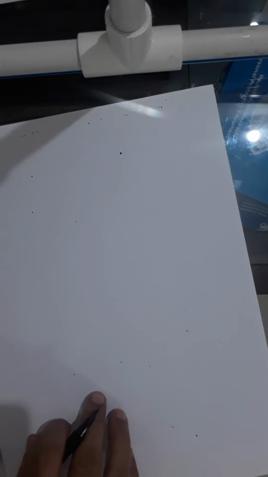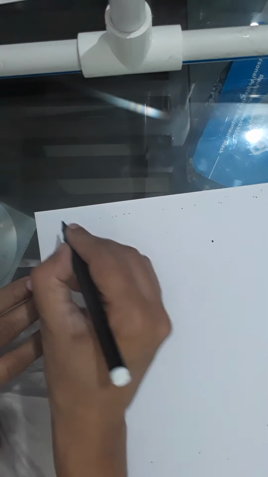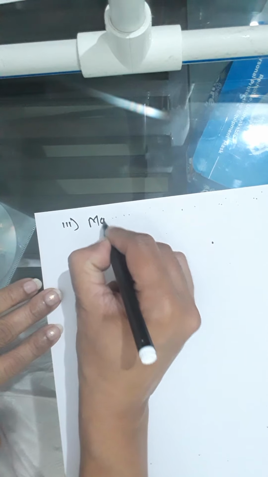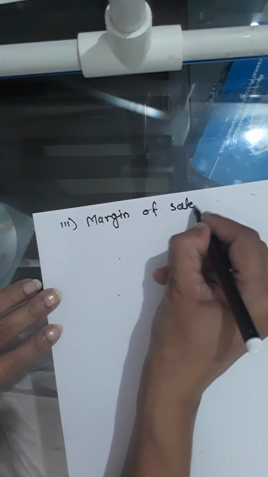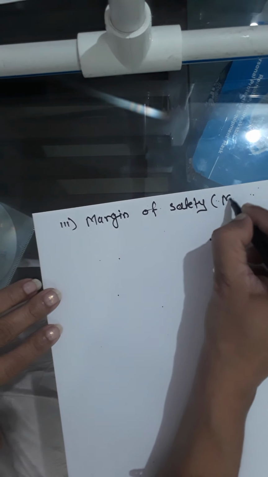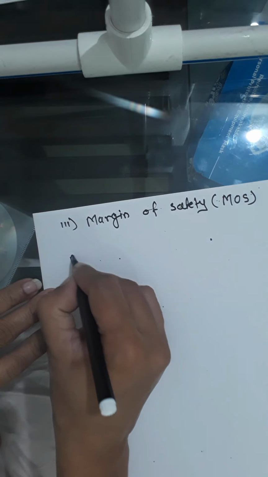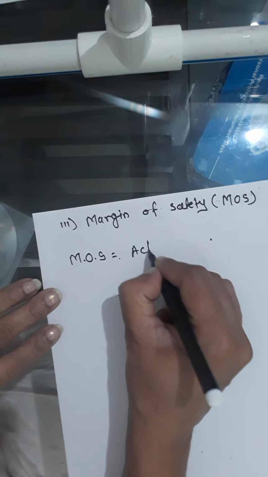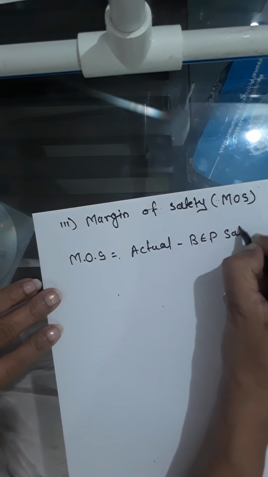Now students, we have to find out as our third answer, the margin of safety. In short, we call it MOS. What is the formula for MOS? MOS is actual sales minus BEP sales.